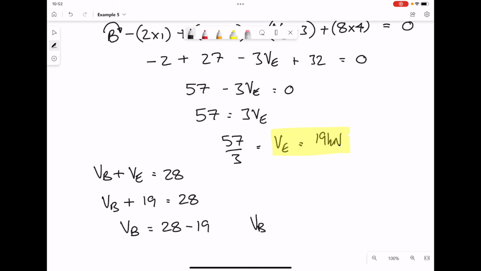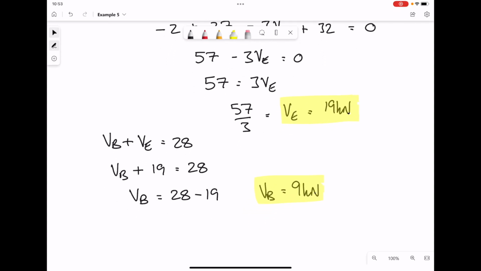Work that out, and you get VB to be 9 kilonewtons. So our answer for the reactions are HB equals 0, VB is a value of 9 kilonewtons, and VE is a value of 19 kilonewtons.